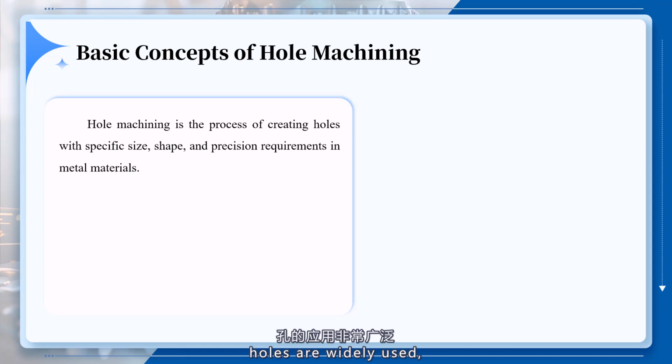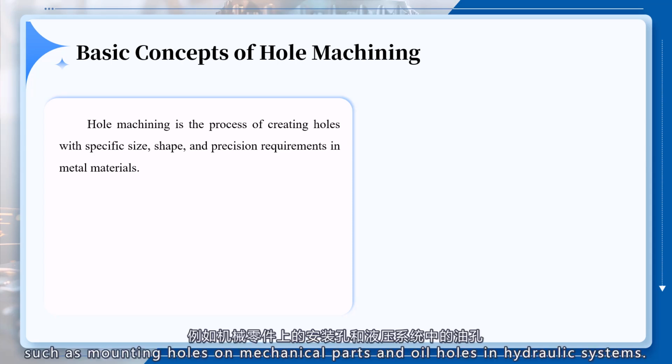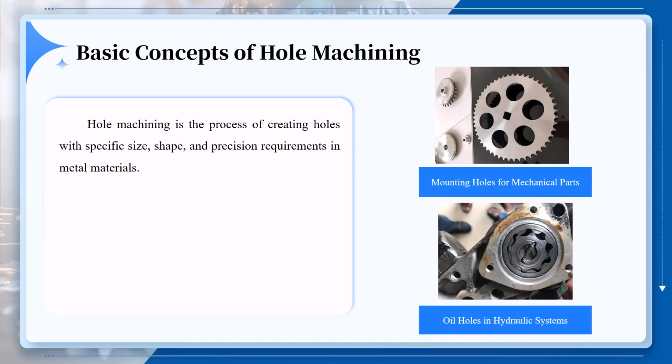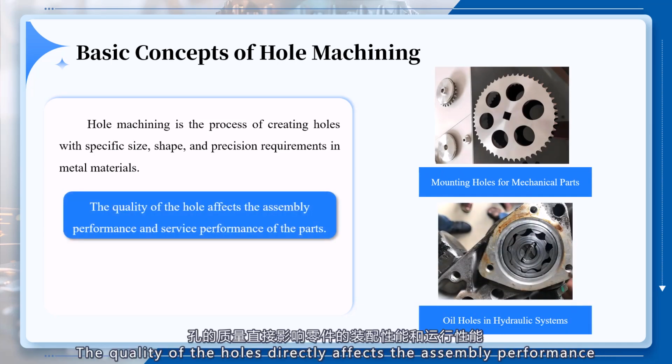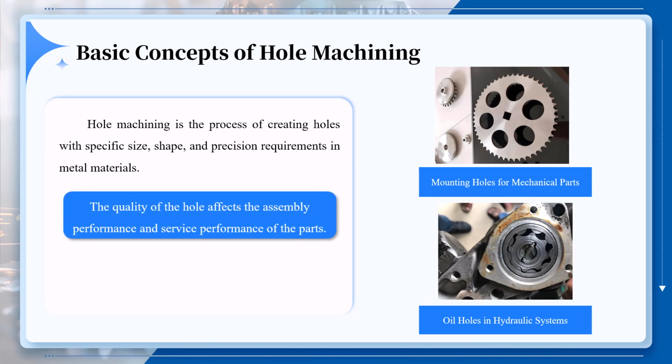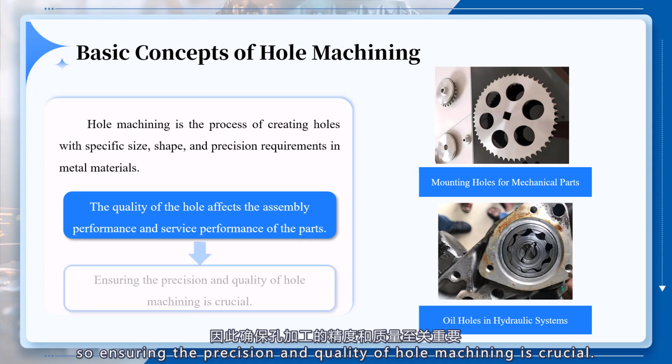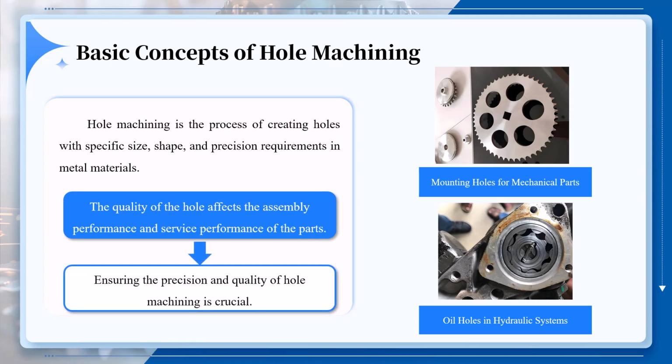In actual production, holes are widely used, such as mounting holes on mechanical parts and oil holes in hydraulic systems. The quality of the holes directly affects the assembly performance and the operational performance of the parts, so ensuring the precision and quality of hole machining is crucial.